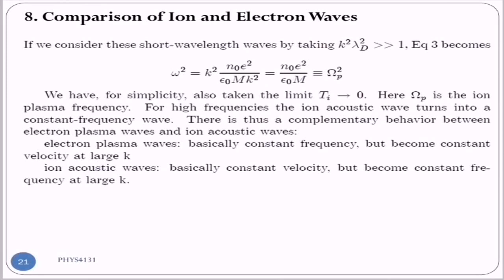We have for simplicity also taken the limit Ti approaches 0. Here capital Omega p is the ion plasma frequency.